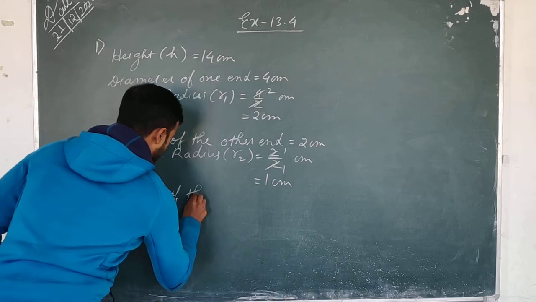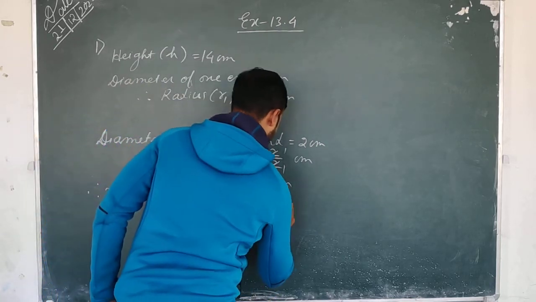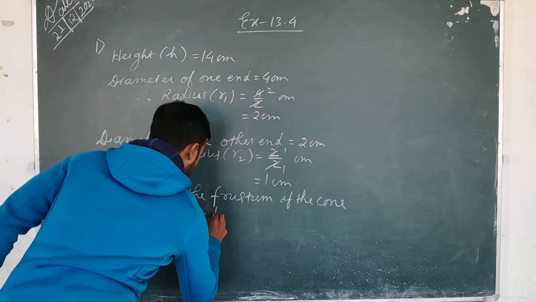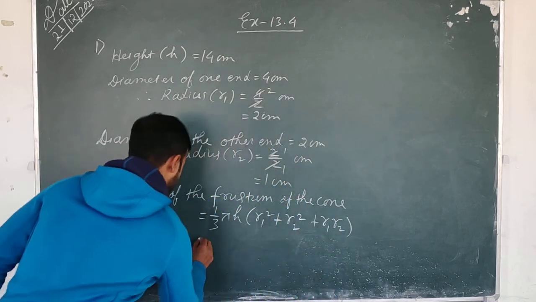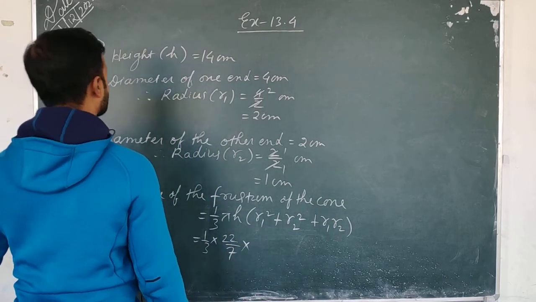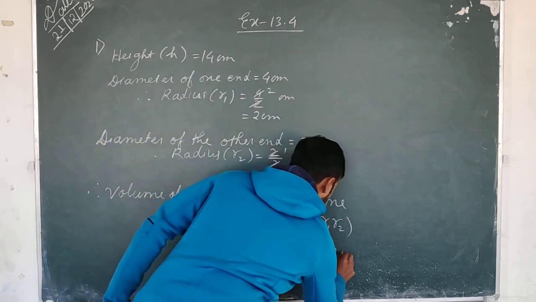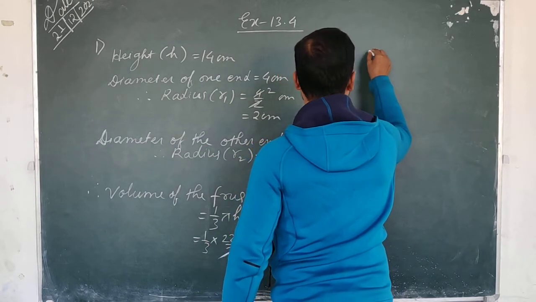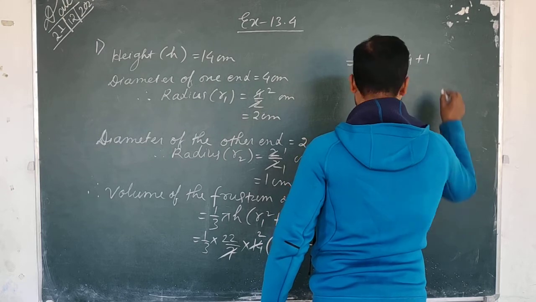Volume of the frustum of the cone is equal to 1 by 3 pi h (r1 square plus r2 square plus r1 into r2). So 1 by 3 pi, 44 by 3, 4 plus 1 plus 2.